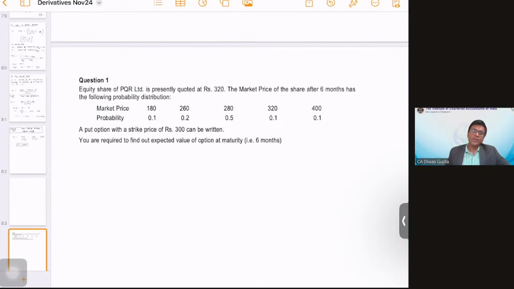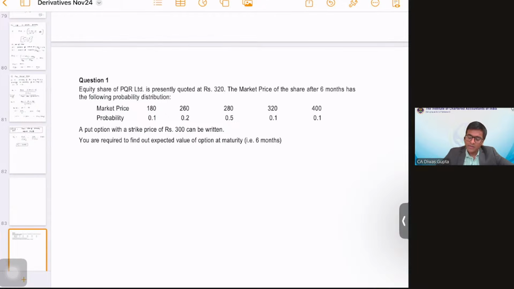Okay. So yeah, students. Equity share of PQR Limited is presently quoted at rupees 320. The market price of the share after 6 months has the following probability distribution.